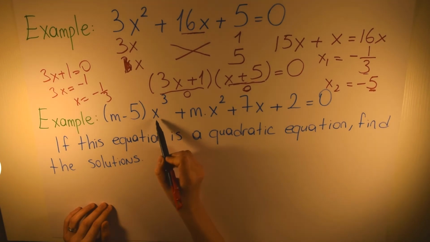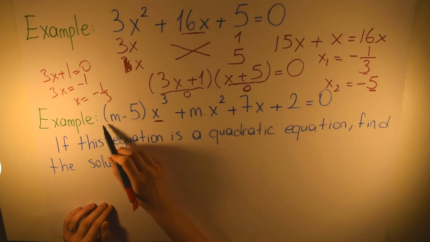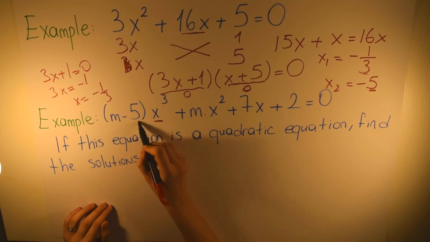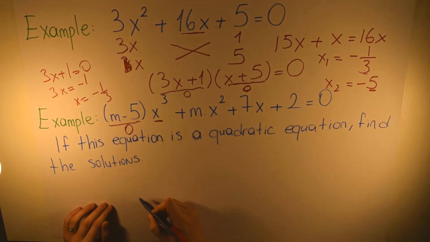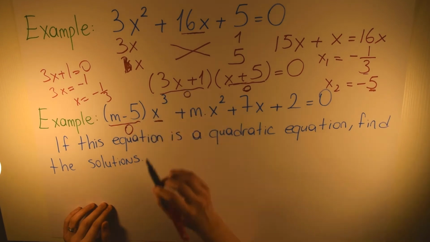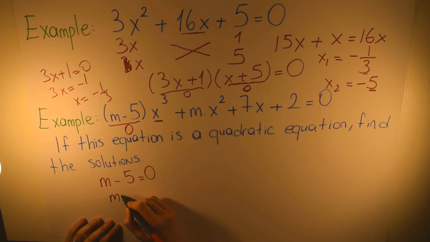Here, as you can see, we have x cubed, so we should get rid of this term. This means this coefficient should be equal to 0, so m minus 5 is equal to 0. From here we get m as 5.